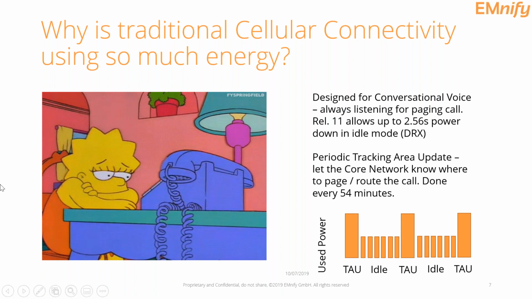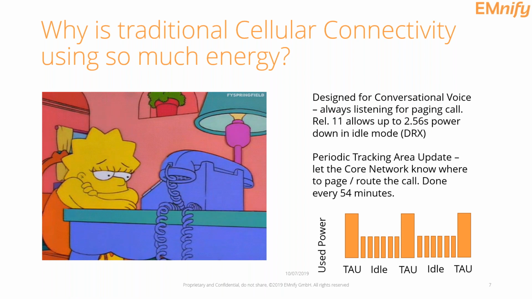Basically, it's like the blinking here from Lisa. She's not looking all the time for a new message, but has a 2.56 seconds power down in the middle. So if there's a call in that time, she might miss it, but then it's just a small delay until the call is realized.